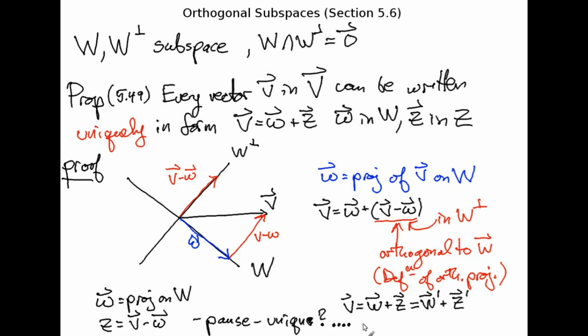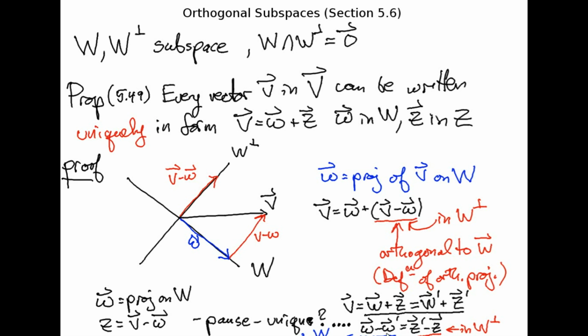So what's the answer? Well, we've seen this kind of trick before. If you have this, what you do is you write W minus W prime is equal to Z prime minus Z. And the reason this is nice is that this side is in W, but the other side is in W perp, because it's a subspace.